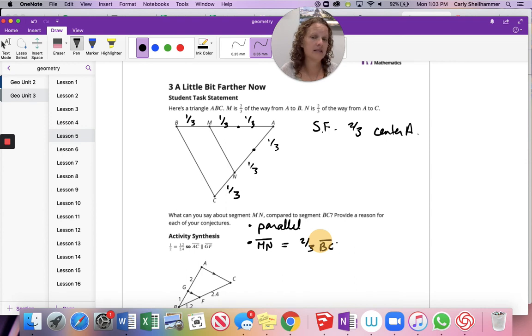Because it's a dilation at center A, it's going to be parallel. And then MN is 2/3 of BC because dilating with a scale factor of 2/3 with center A takes B to M and C to N, and the measurements are exact. So when you have a scale factor of 2/3, your new measurement will be 2/3 of the original measurement.